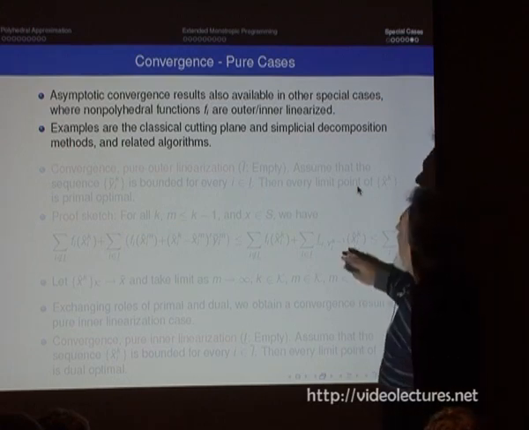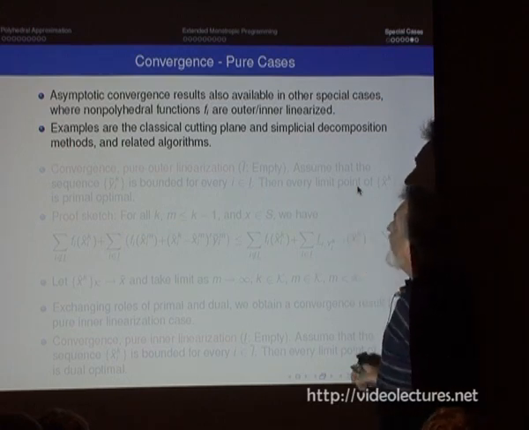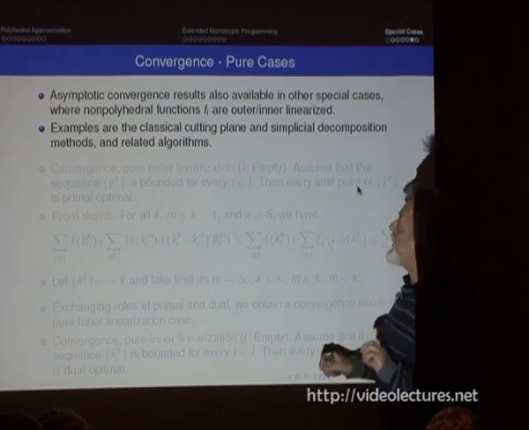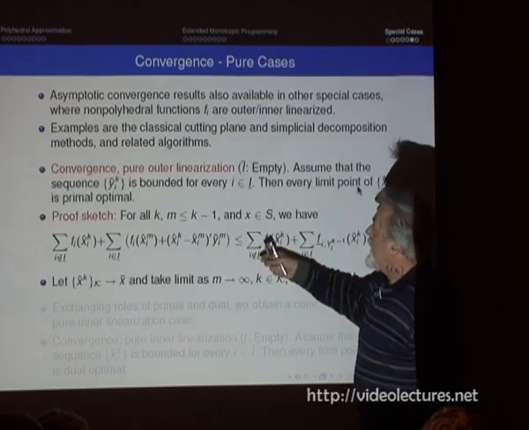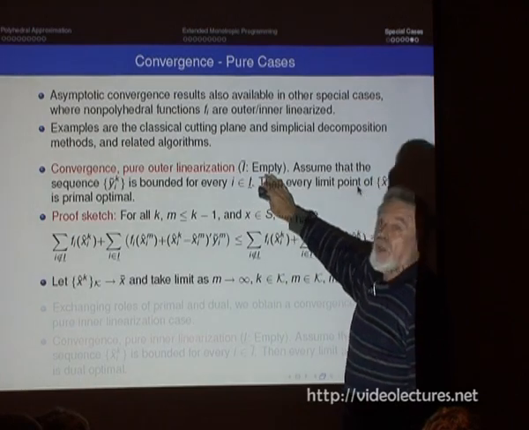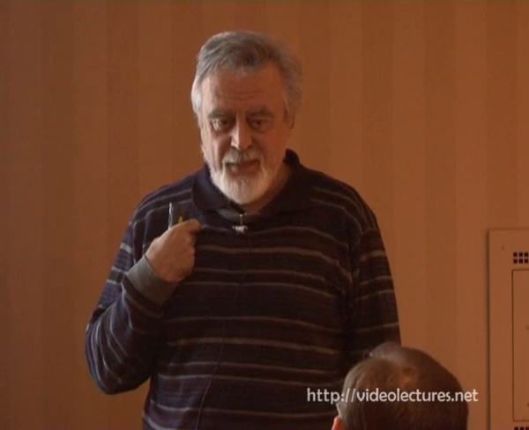And then there are convergence results about the pure cases. A pure outer linearization case is one where there are no inner linearized functions. I was hoping there would be some way to look at, for example, cutting plane methods that people use for solving integer programs as special cases of some of these.